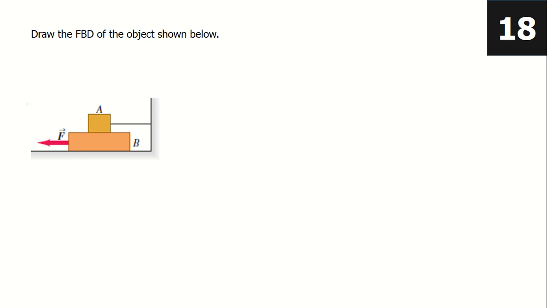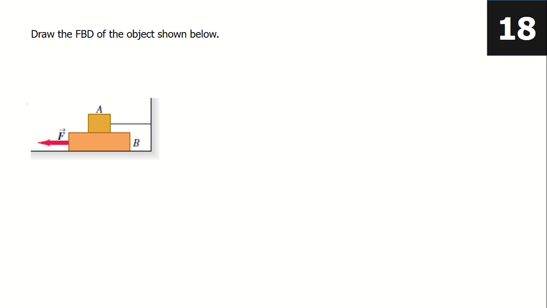Meanwhile, object B is getting pulled to the left. There's an applied force on object B. So how are the forces on the two masses, A and B, interacting? Or what are those forces present on both of them? So I have to draw a free body diagram for both of the objects.